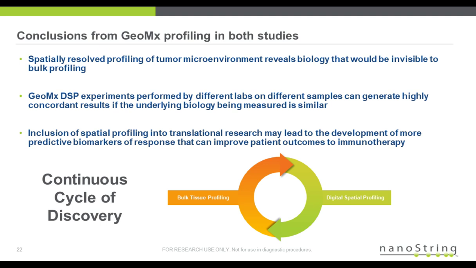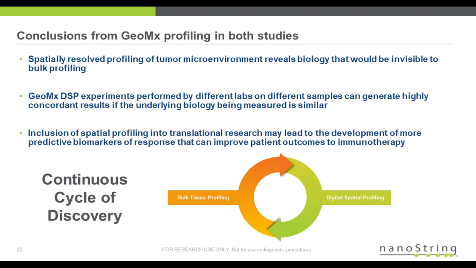So I hope that I have shown you today that the GeoMx platform can be used for spatially resolving the RNA and protein profiles from the tumor microenvironment, and that it can be used then to reveal biology that would be otherwise invisible if bulk profiling is all that's performed on the tissue. I hope you've also seen that GeoMx experiments can translate very well across labs.